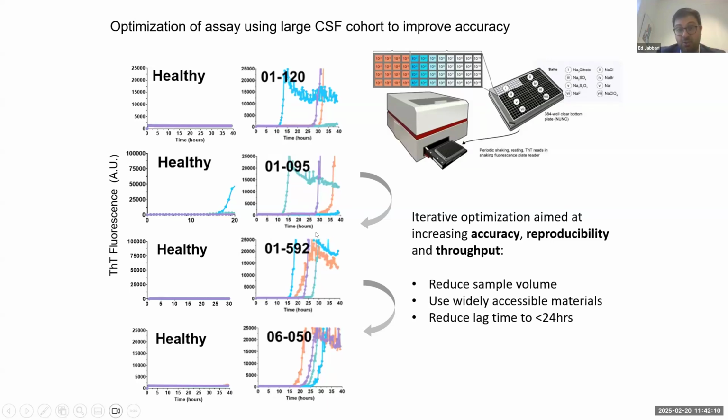And this is optimization work that we're doing at the moment. And hopefully in the coming weeks to months, we're going to be able to report on the final optimization of these assays that allows us to apply it to living samples from PSP and CBD patients.